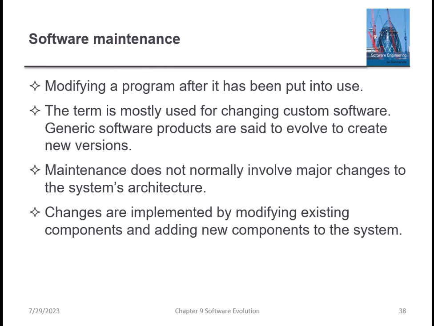The term maintenance is mostly used for changing custom software. There are two broad categories of software: generic software and customized software. Custom software is developed on the demand of the client or users, and they must expect changes.